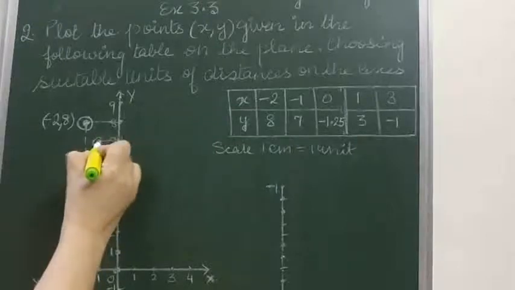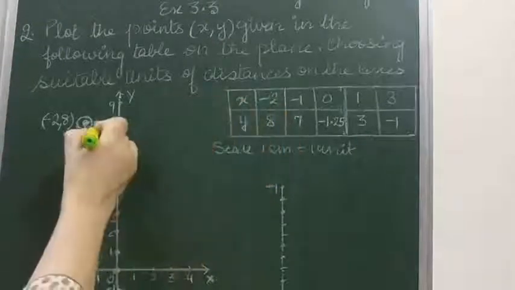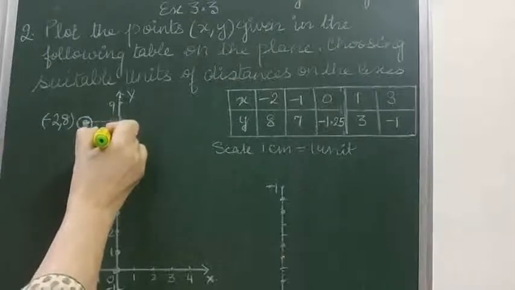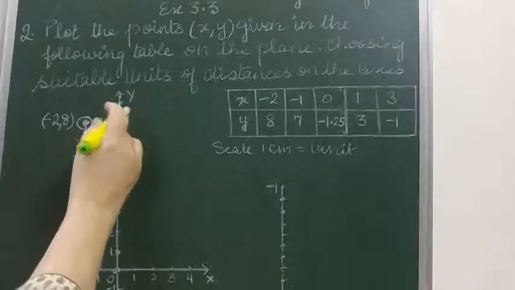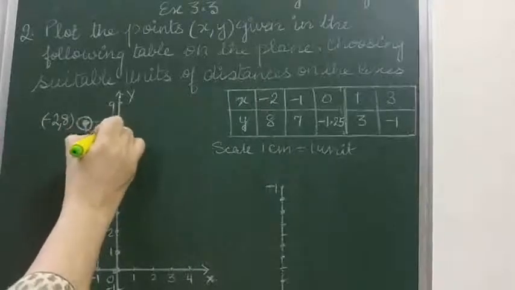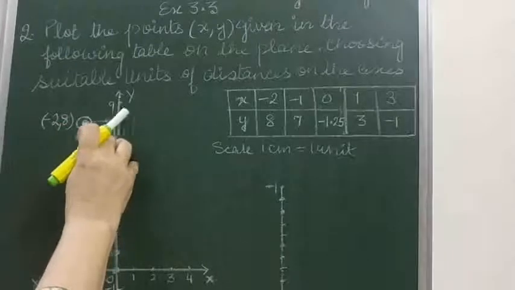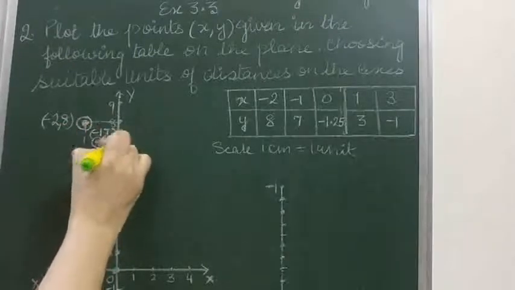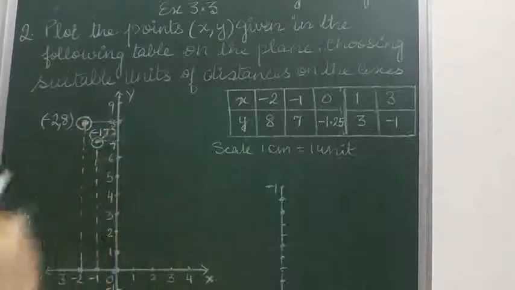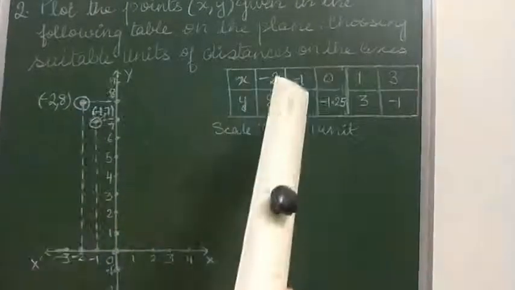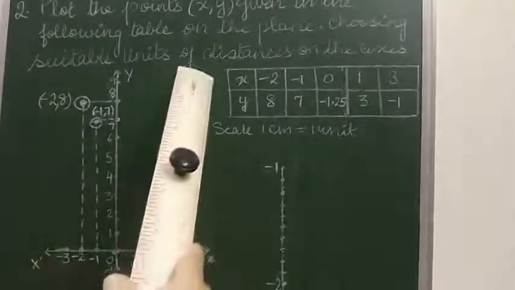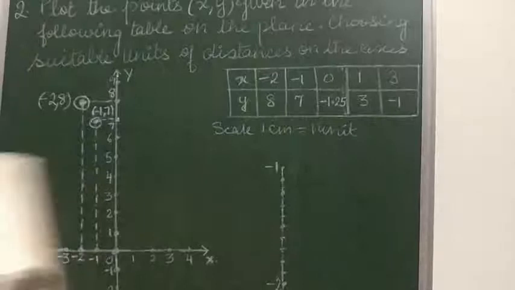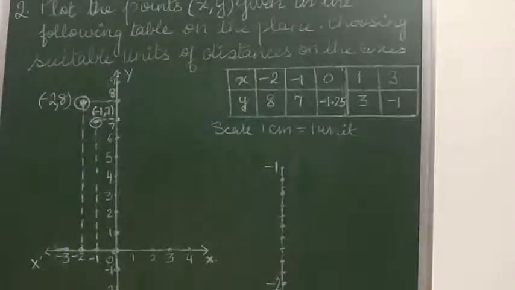This point is -1, 7. Next is 0 and -1.25. That means x coordinate is 0 and y coordinate is -1.25. So let us plot this point.